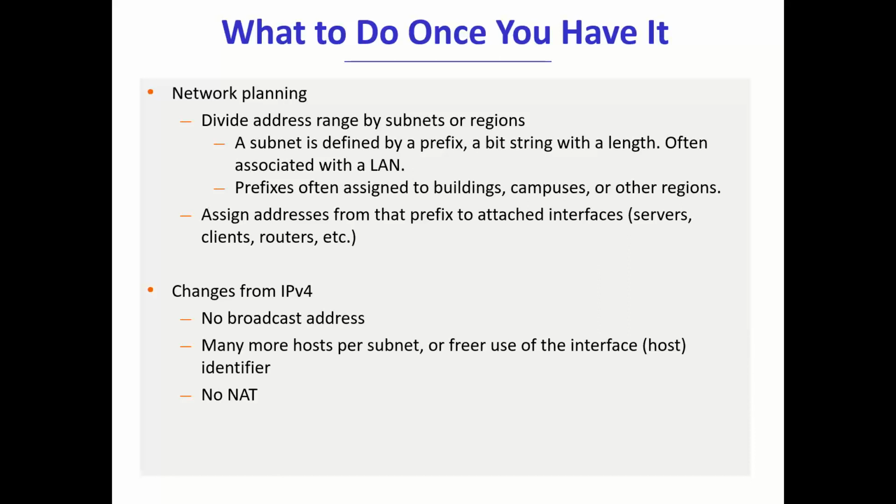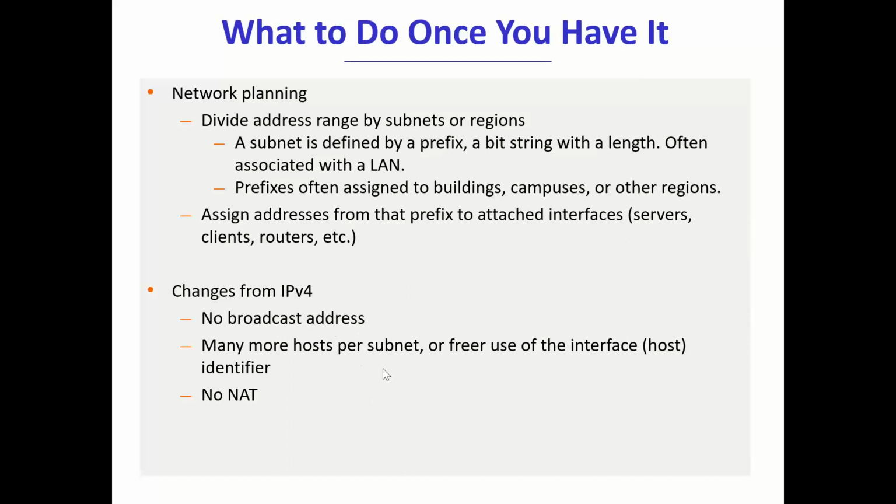You know, you have your broadcast address as FF or 255. Well, that doesn't exist anymore. And the .1 may be your gateway address, but that doesn't exist. So stop thinking about that.